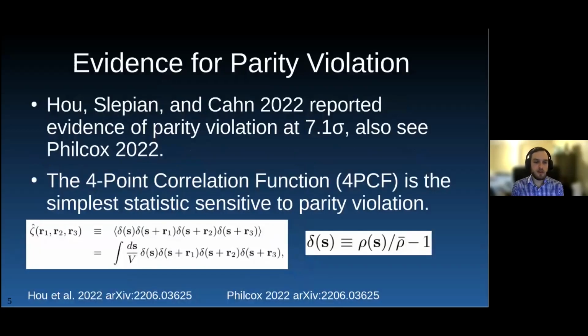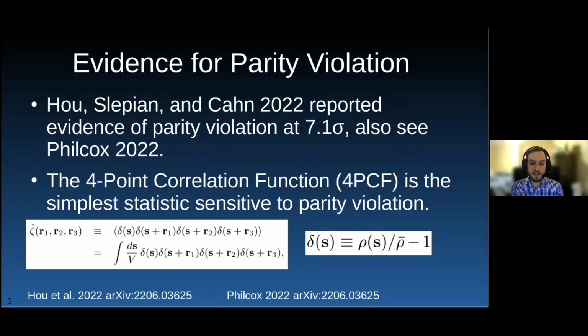In 2022, a paper published by Jiamin Hou, Zach Slepian, and Robert Cahn reported evidence of parity violation in the large-scale structure at 7.1 sigma. A paper published in the same year by Oliver Philcox also detected parity violation at a lower statistical significance. The way these papers detected parity violation was by measuring the 4-point correlation function, or 4PCF.